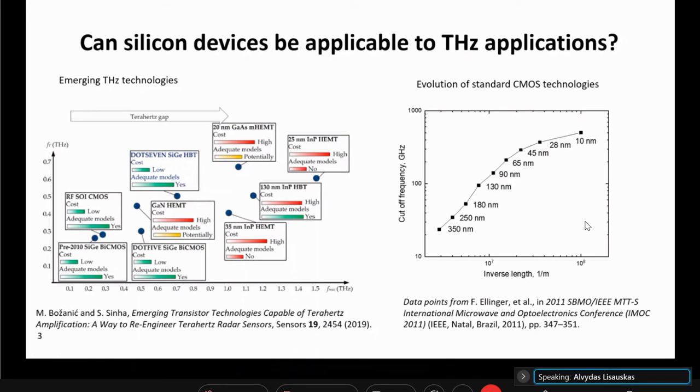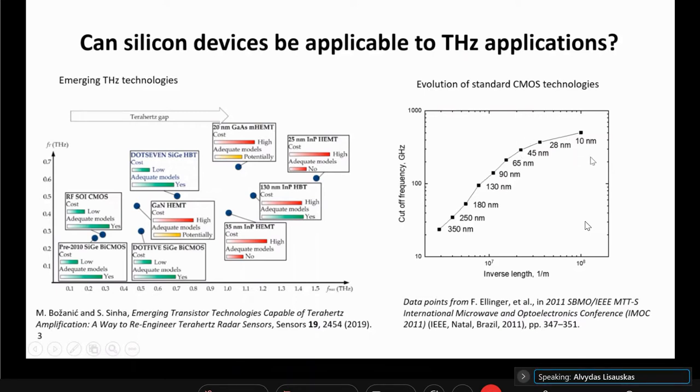And yet if we look into the evolution of standard CMOS technologies and where its cutoff frequencies are, on the x-axis here is the inverse length of the technology, just to show how the cutoff frequency increases with improved node. At 65 nanometers we are already above 200 gigahertz, and with 10 nanometers we are really in the 400 gigahertz range.